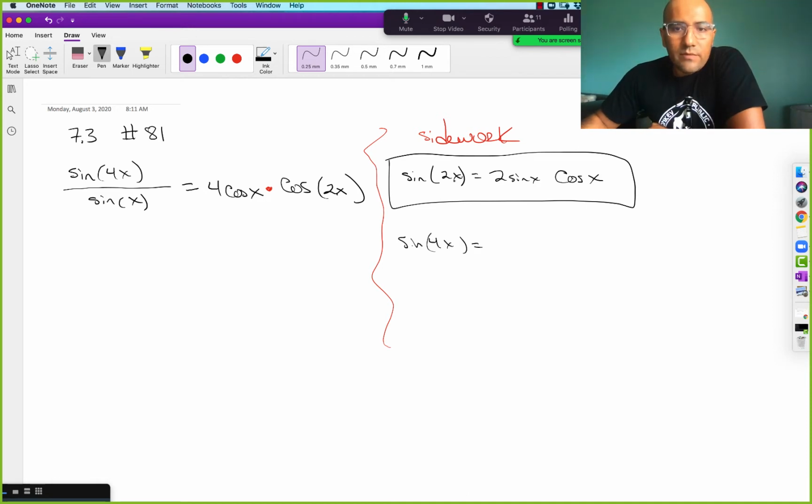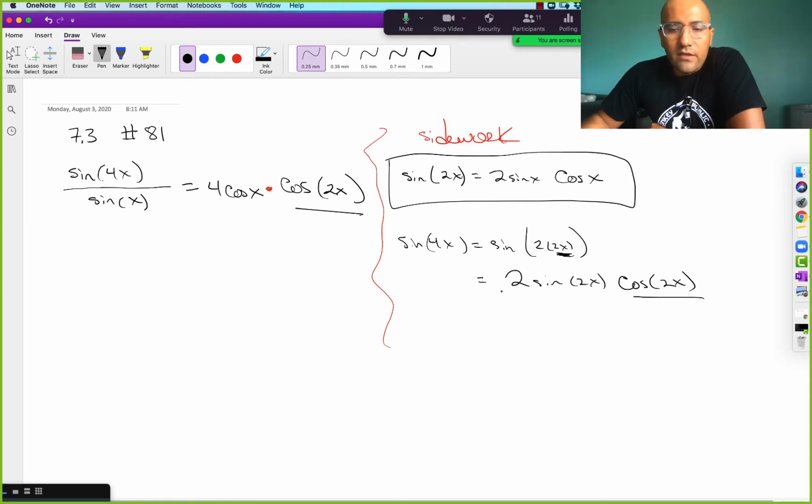Well, it just means I can rewrite this as sine of 2x. Right, so now this is the x. Okay, so then it'll be 2 sine of 2x cosine of 2x. And peeking over to the other side, I know that there's a 2x, so that's fine.